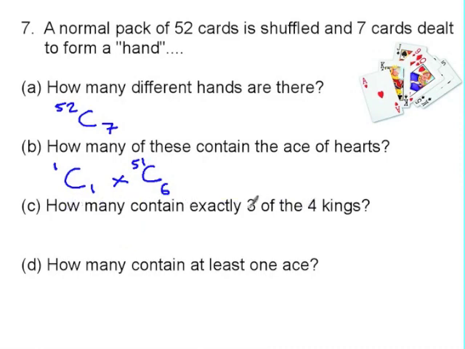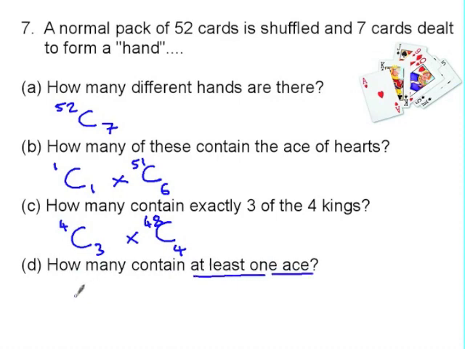How many contain exactly 3 of the 4 kings? From the 4 kings, I need to choose 3 of them. And now I've got 4 more cards to choose for my hand to make it up to 7. I need to choose them from the remaining 48 cards. Now in the final part of this example, I want it to include at least 1 ace.